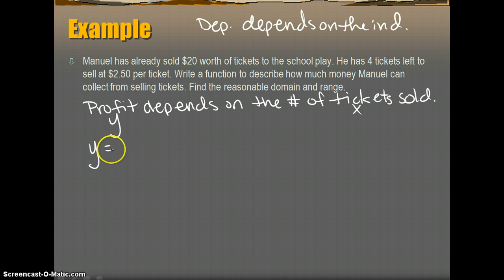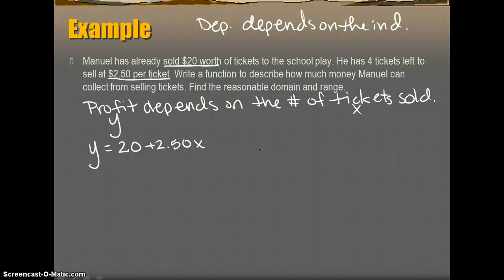Therefore, we could say y is equal to 20 to start out the basics, since it says he has already profited $20. However, it does also mention that he has 4 additional tickets to sell at $2.50 per ticket. So 20 plus $2.50 per ticket, remember per giving you that multiplication, would increase determining how many tickets of the 4 he continued to sell.